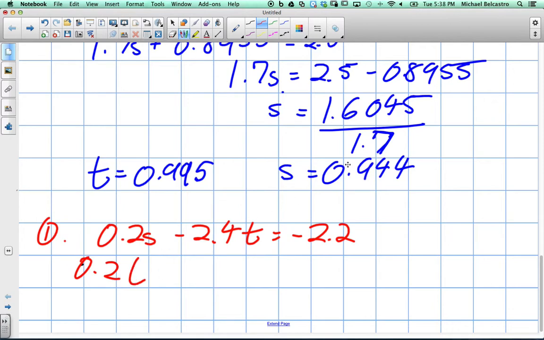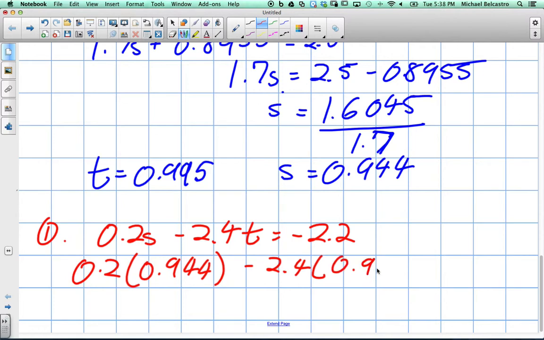So 0.2s, and our s is our new value of 0.944, minus 2.4 times our t, which is 0.995, should be equal to negative 2.2.